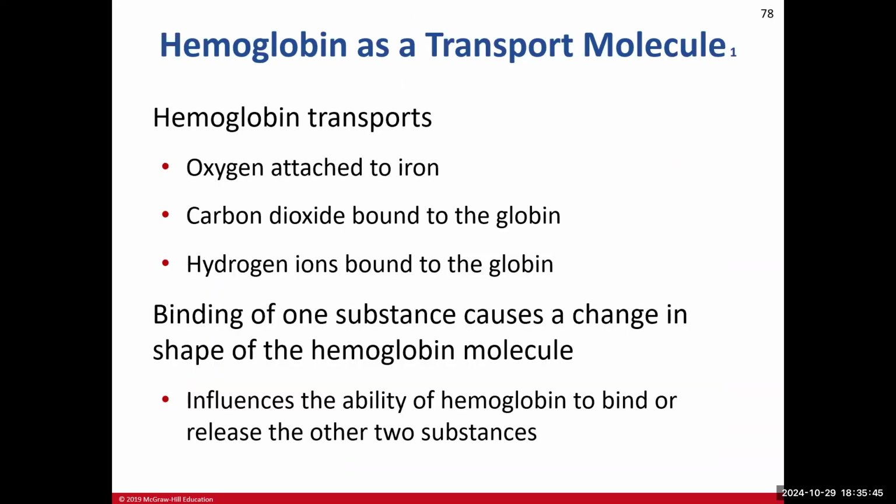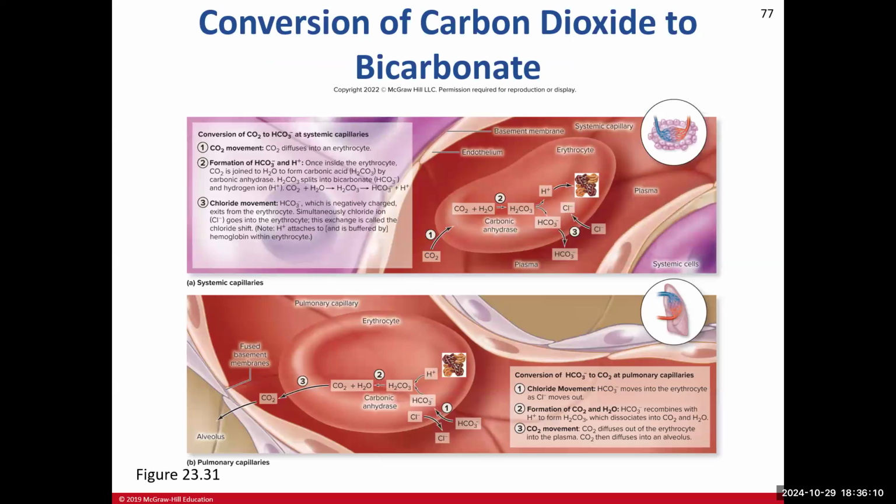Okay. So here you can see hemoglobin is going to transport oxygen. It's going to transport carbon dioxide. Remember, about 23% of carbon dioxide is bound onto the globin portion of that protein molecule. And then remember that hydrogen ion from this picture? That hydrogen ion also jumps onto the globin portion of the hemoglobin molecule.